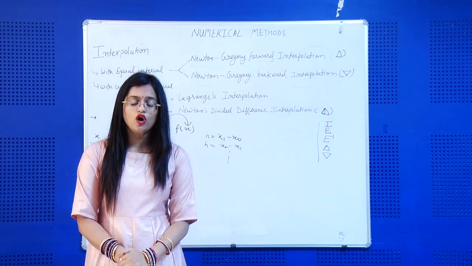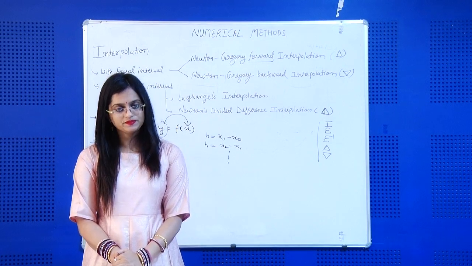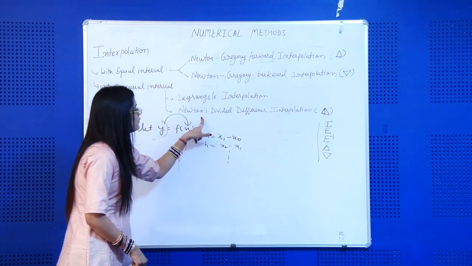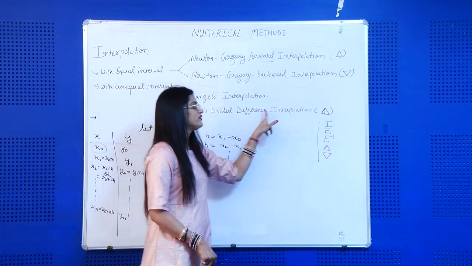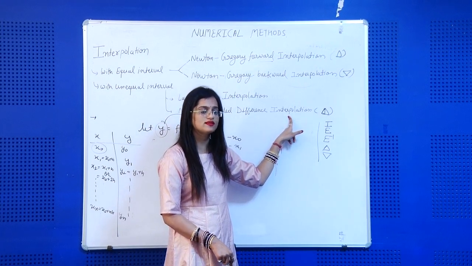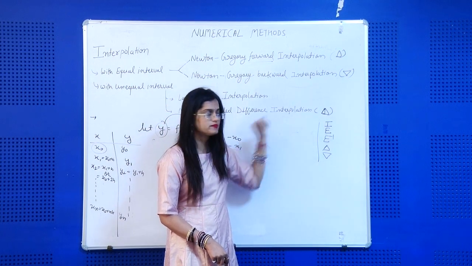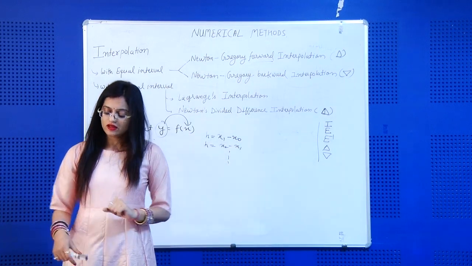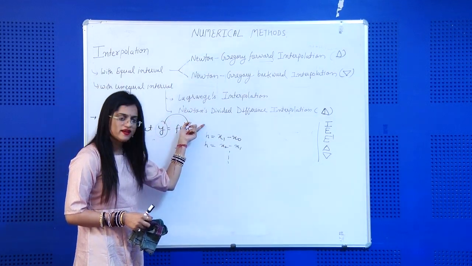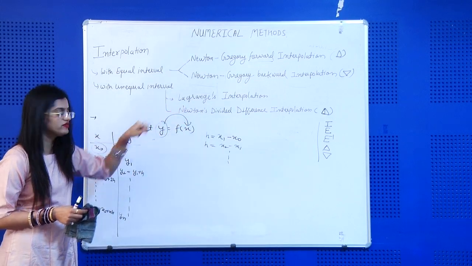Numerical methods always give us an approximate answer, right? So of all four, Newton divided difference gives the closest approximation to the accurate answer. So you can apply Newton divided difference for both types of cases. Later on we will discuss Newton divided difference.